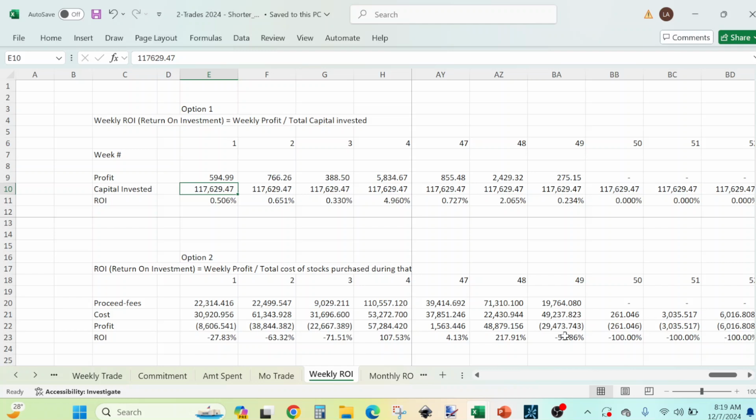But yeah, I like this approach. And let's go to week 49. Seems like I have a calculation somewhere here. Oh well.